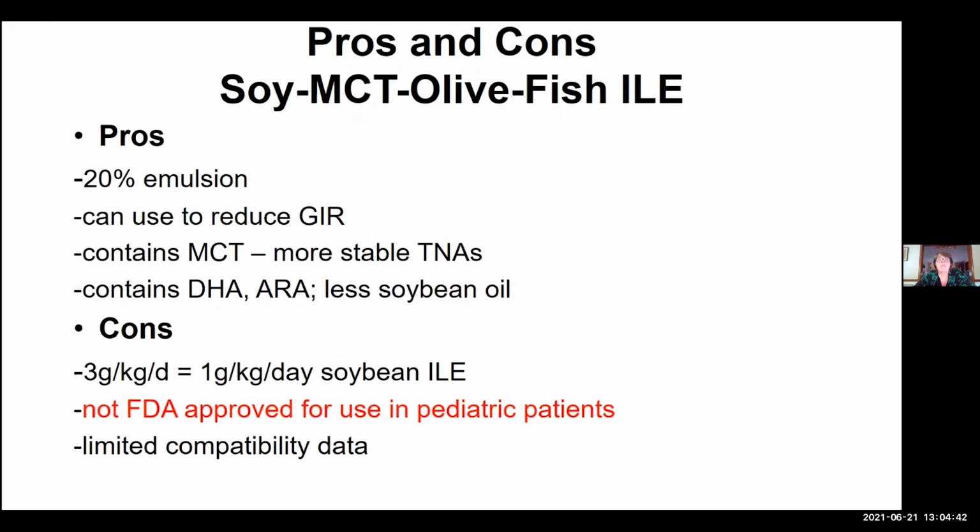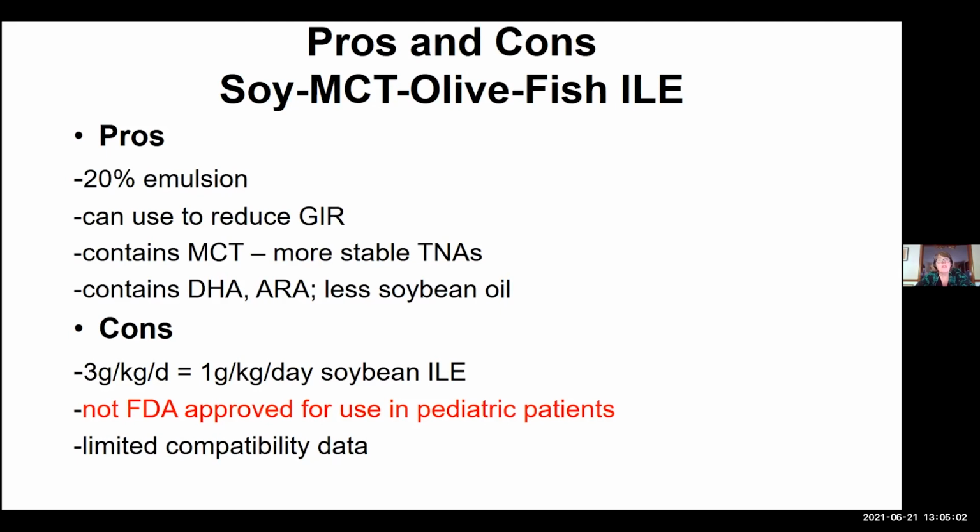With the composite soy, MCT, olive, and fish oil lipid emulsion, again, it's 20%. You can give lower doses of carbohydrates because you can give higher doses of this lipid emulsion, so you can reduce the glucose infusion rate, so it makes it easier to cycle patients. It has MCT oil, which improves the stability of a total nutrient admixture.